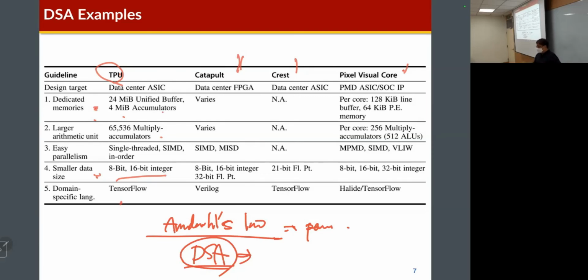For example, the TPU just includes the matrix multiplication unit, which means that TPU can just accelerate the MM operations, and that's it. So why do we need to accelerate MM operations?